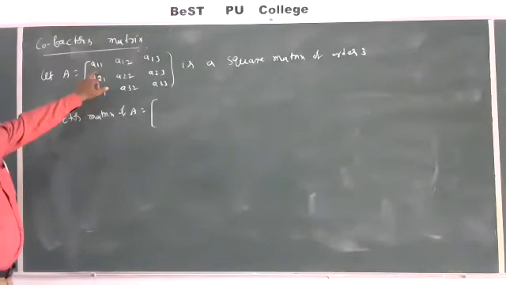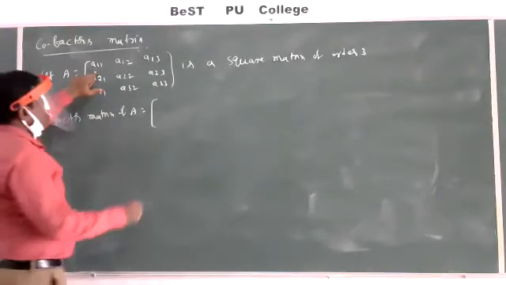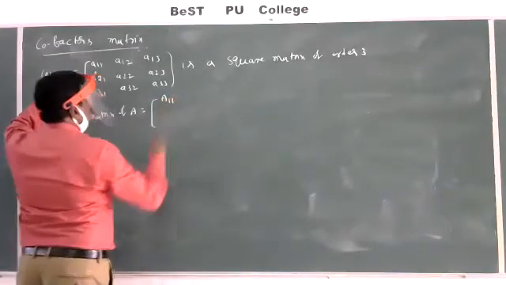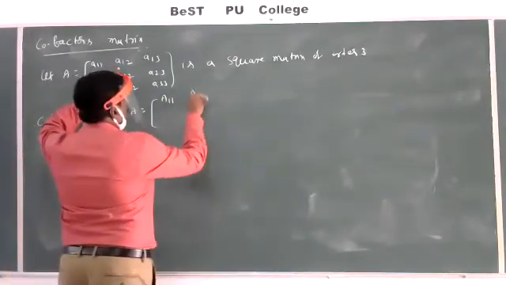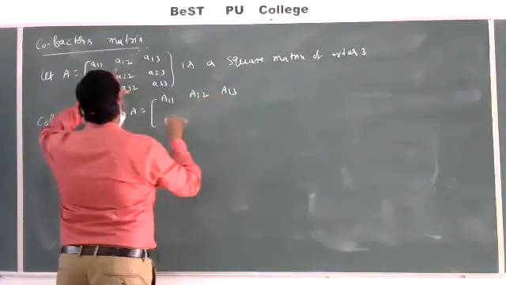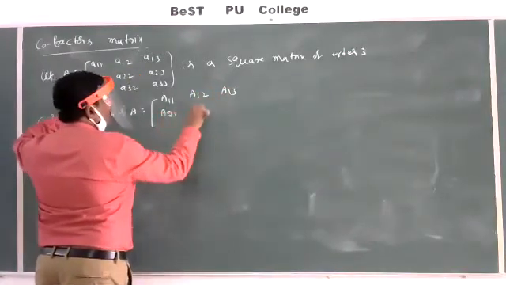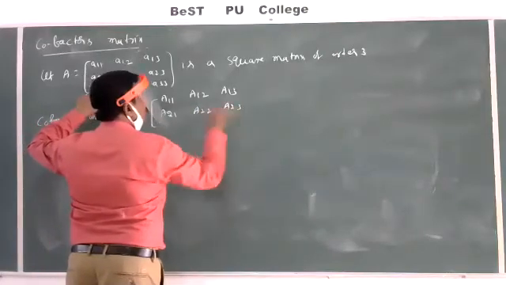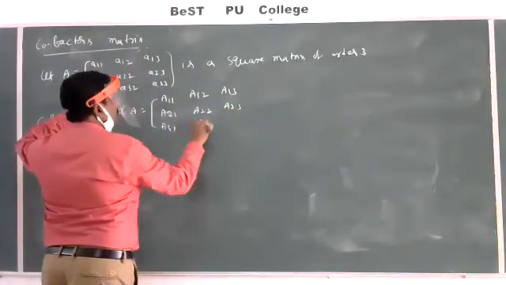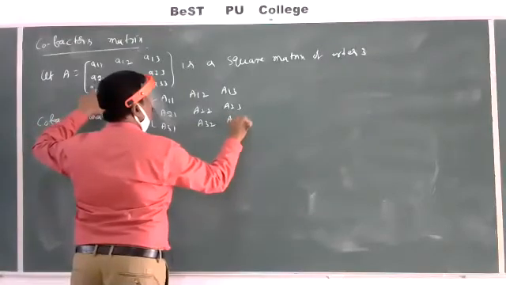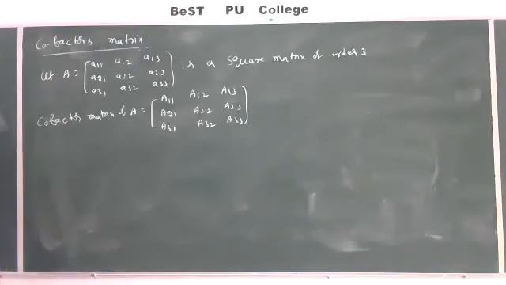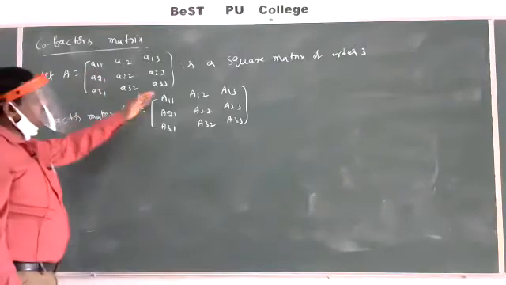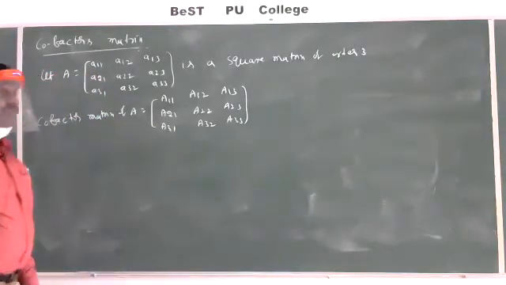Here A11 is there; replace that by its corresponding cofactor, capital A11, A12, A13, A21, A22, A23, A31, A32, A33.